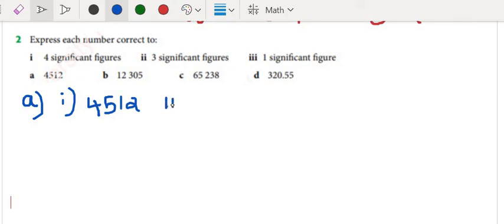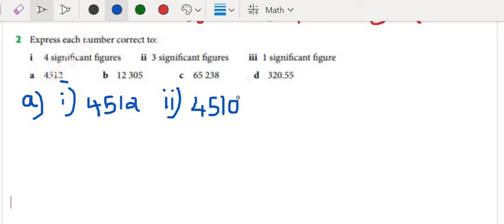Okay, subdivision 2, they are asking to round it to 3SF. 3SF means we should see the fourth digit, that is 2. So 2 is less than 5. So we don't need to add 1 to the third digit. So it can be 4, 5, 1, and the remaining digit should be made 0.